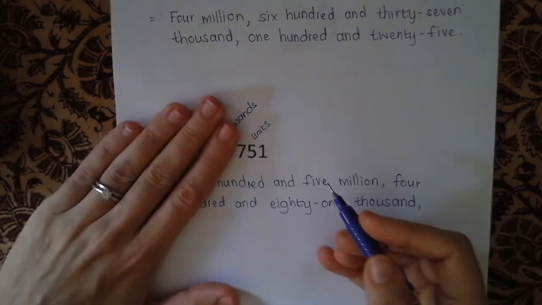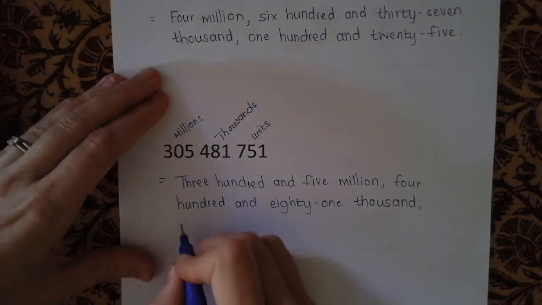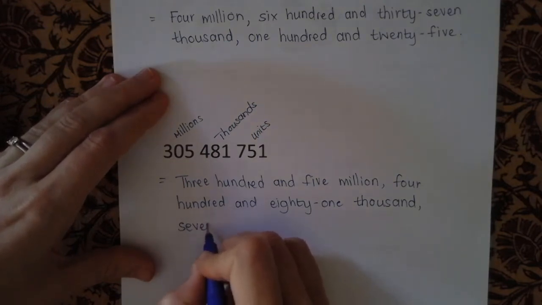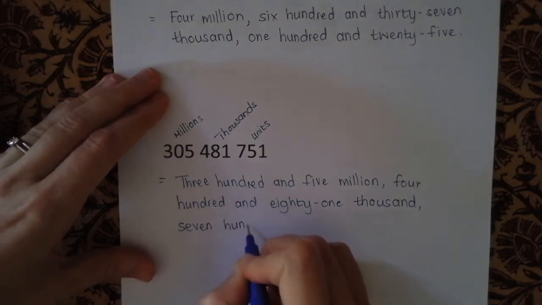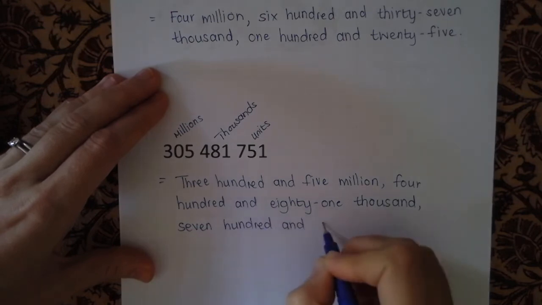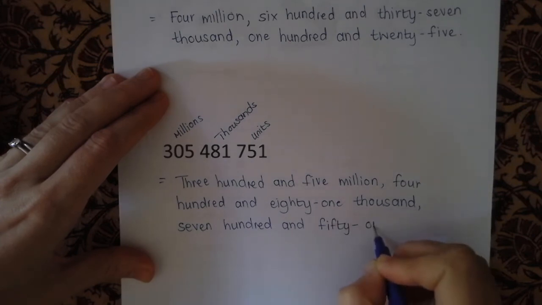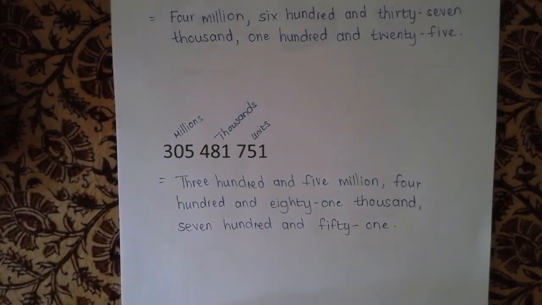Comma, and then the last group of 3 digits, 751. Right, now you know how to write a big number like this, a 9-digit number, in words.